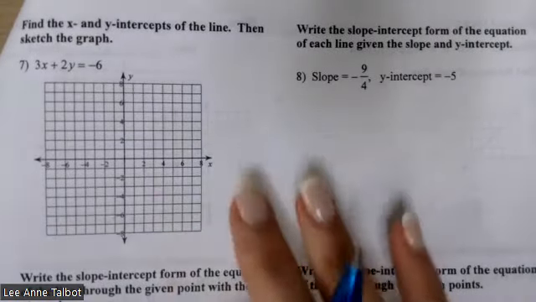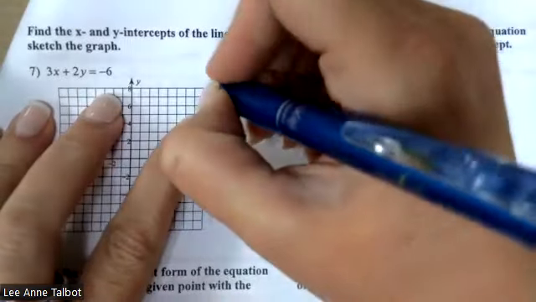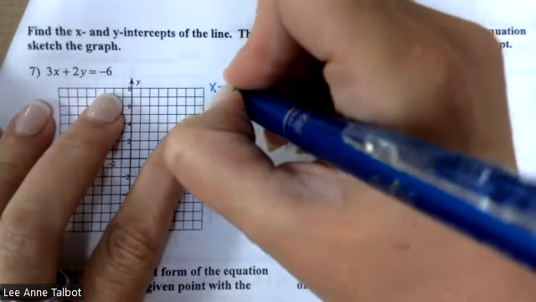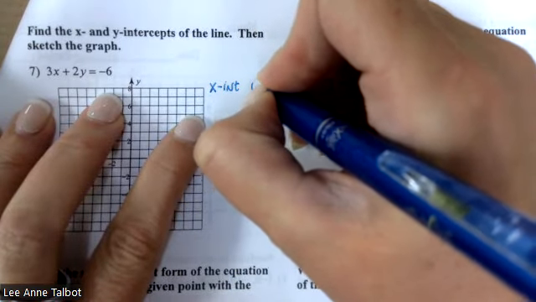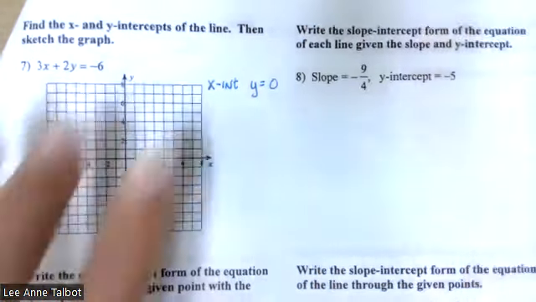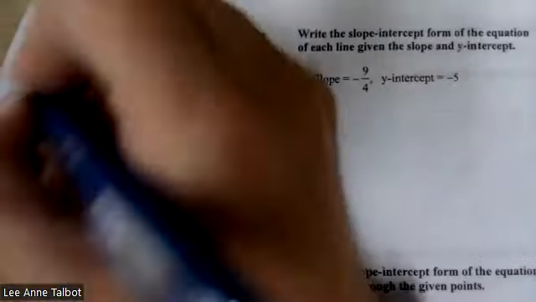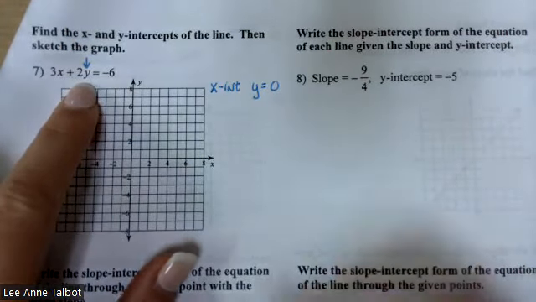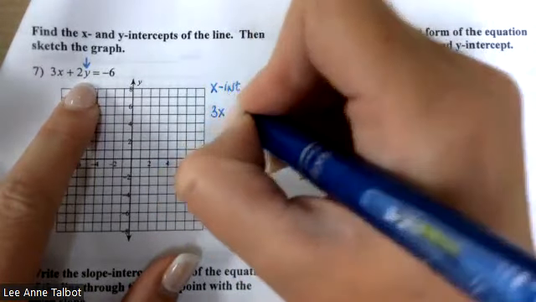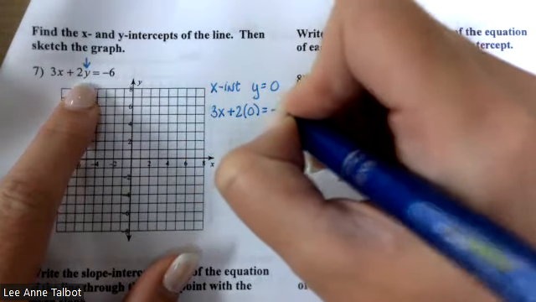Okay, find the x and y intercepts of the line, then sketch the graph. Okay, so the x-intercept has y equal 0. So for the x-intercept, y equals 0. That means I'm going to put a 0 in right there in the y spot. 3x plus 2 times 0 equals -6.